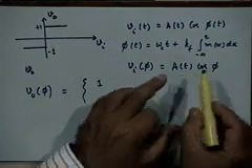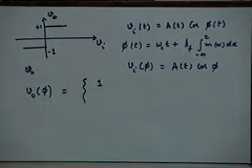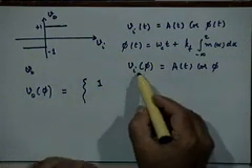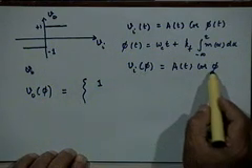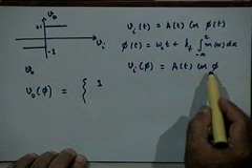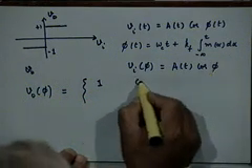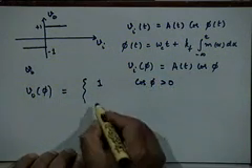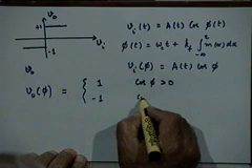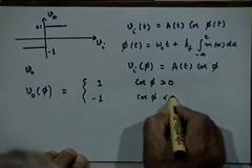We are assuming, of course, A of t is always positive because it is the envelope, right. So, essentially whether Vi of phi is positive or negative will depend on whether cos phi is positive or negative, right. So, it is equal to 1 if cos phi is greater than 0, and it is equal to minus 1 when cos of phi is less than 0.